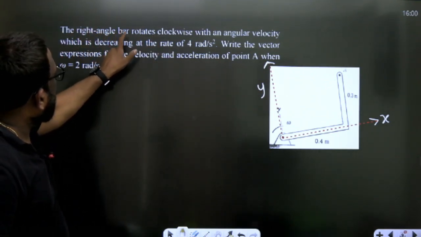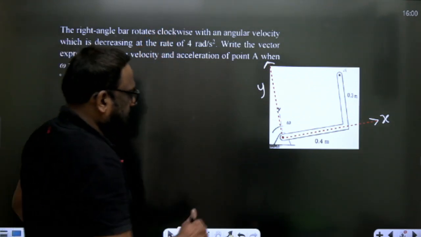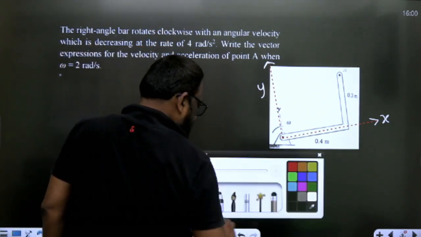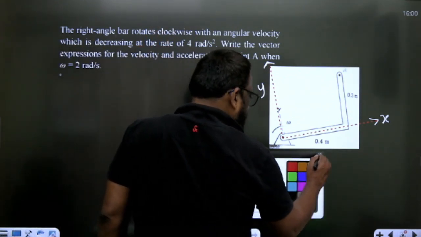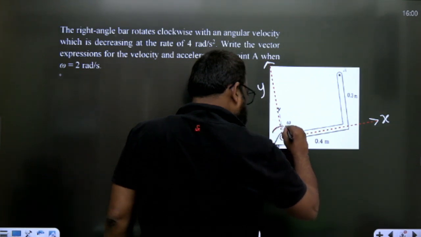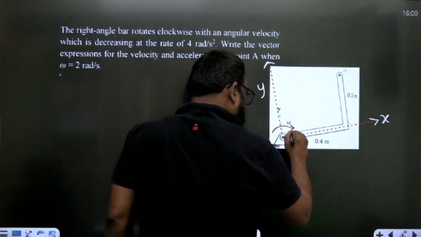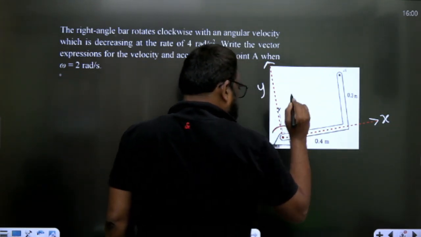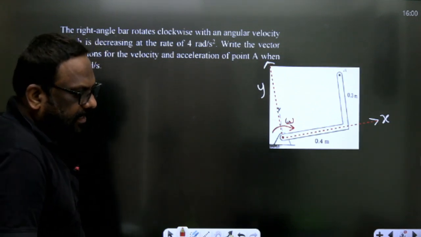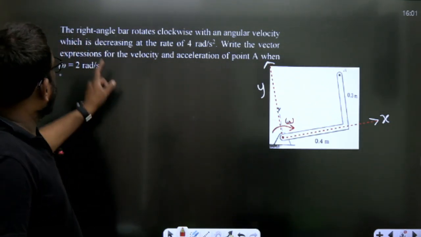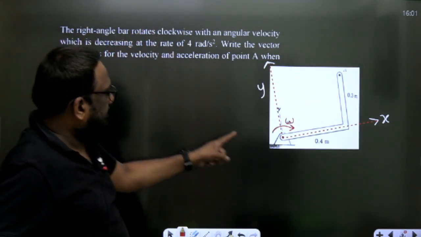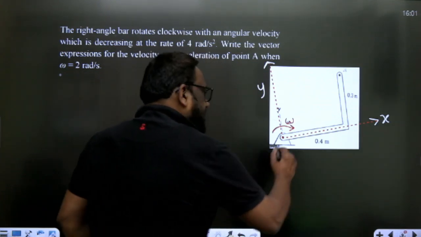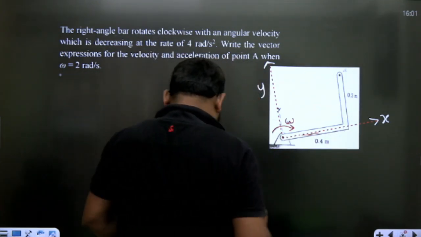The right angle bar rotates clockwise. See the rotation. This is a good question, sir. Hanji, sir. I'll use vector approach and I'll explain very neatly. Don't worry. The right angle bar, this is the right angle bar. Please listen. This is the right angle bar, sirs.